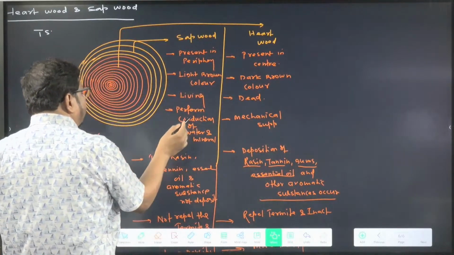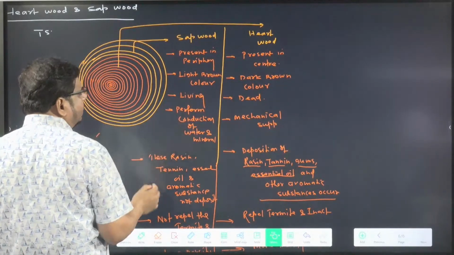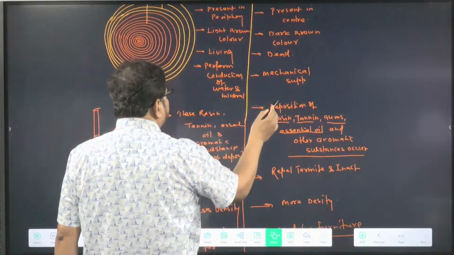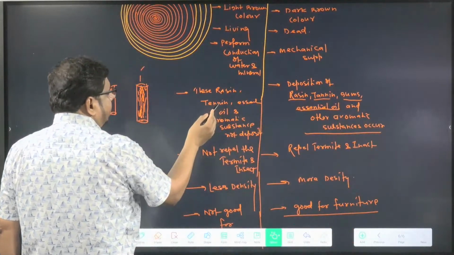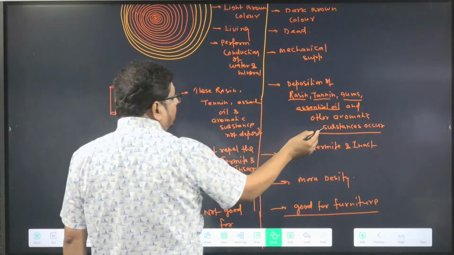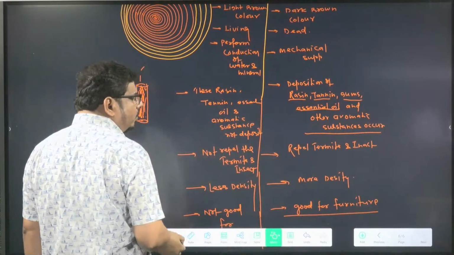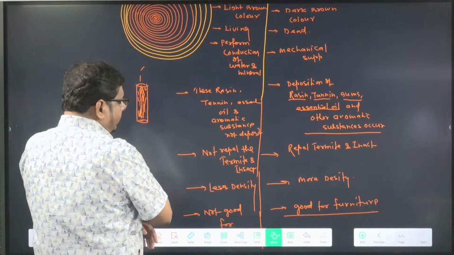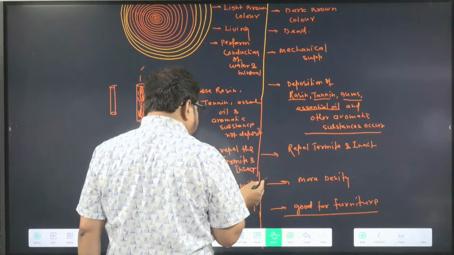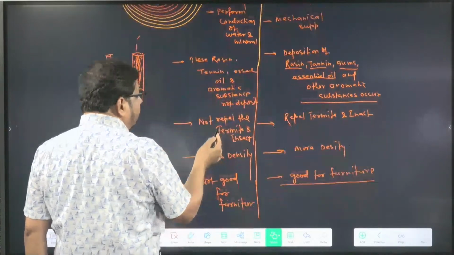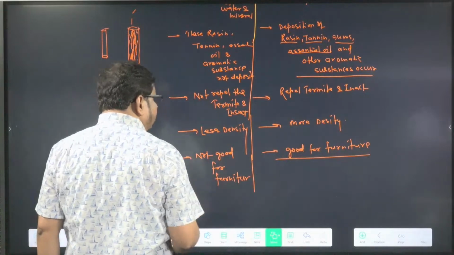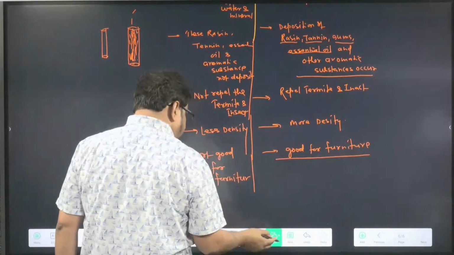Sapwood performs conduction of water and minerals. Heartwood performs mechanical support. Resin, tannin, essential oil are not deposited in sapwood, they are deposited in heartwood, and due to that its density increases. Sapwood does not repel the termite, heartwood repels the termite. Sapwood has less density, heartwood has more density. Sapwood is not good for furniture making, heartwood is good for furniture making.